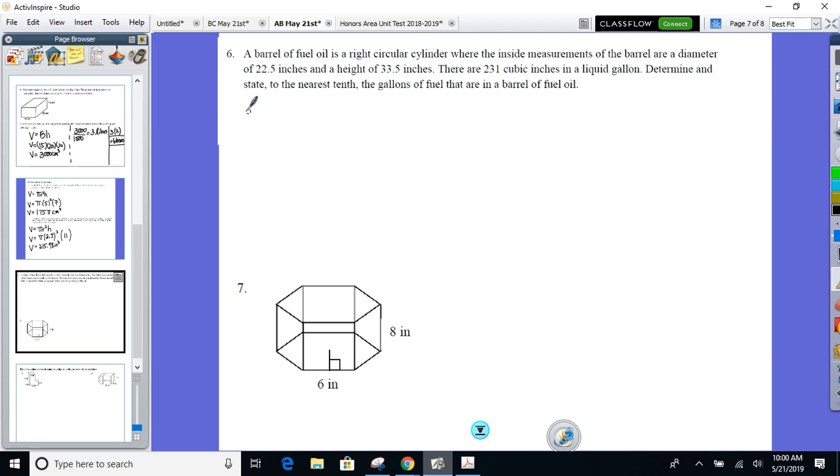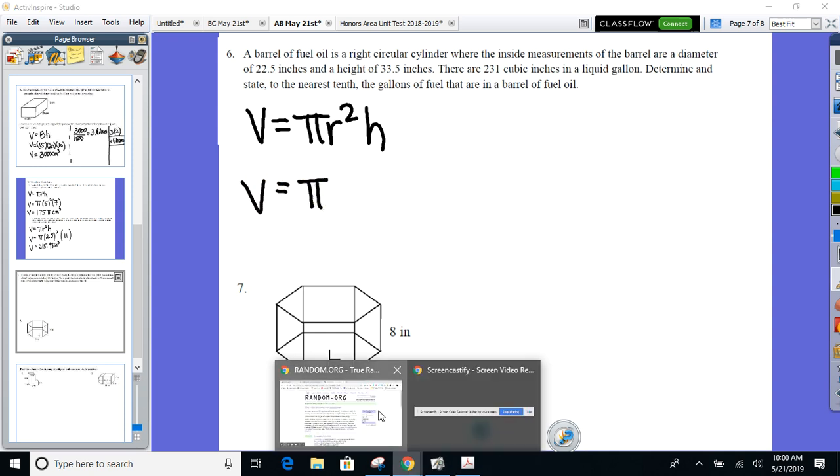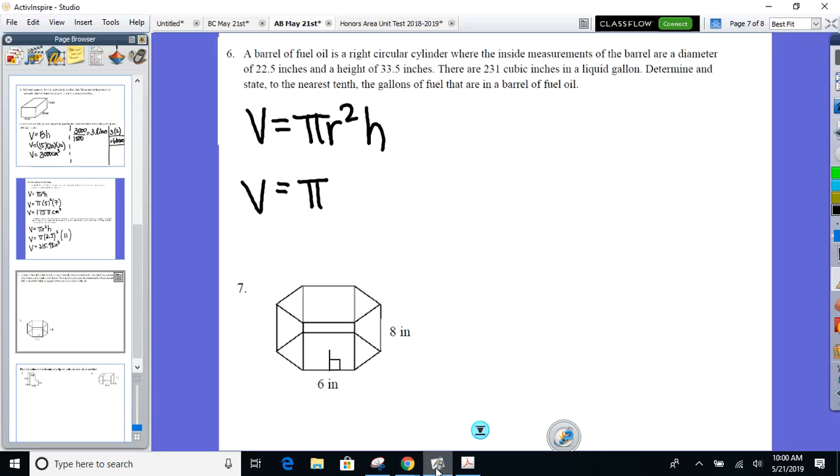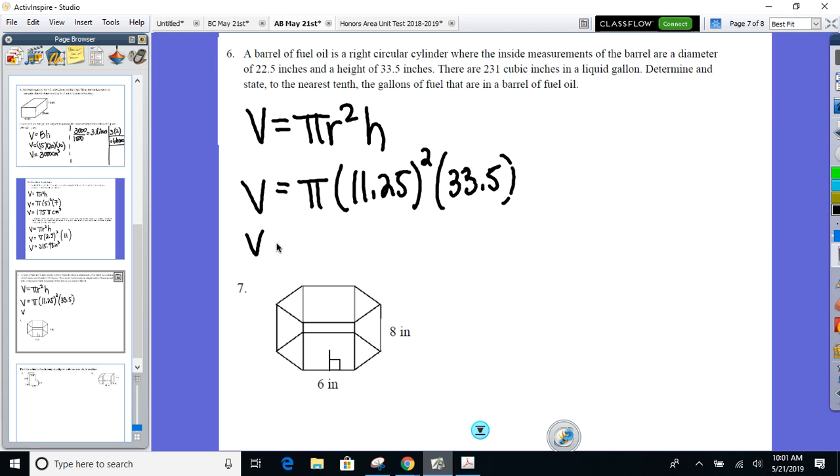Okay, so cylinder again. So pi r squared height. I'm going to do a quick calculation for the radius. You have to divide 22.5 by 2. Yep, 11.25. And how about the height, Emma? 33.5. Yep. All right, we are not done with the problem here once we find the volume.